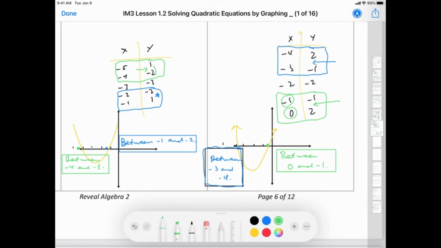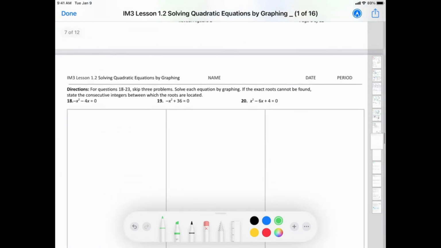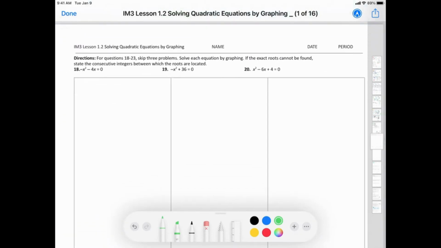Okay, let's go ahead and try. It says question number 18 to 23, skip 3 problems, solve by graphing. Go ahead and just graph it using your graphing calculator, and then we're just getting our solutions. So let's put number 18 in here.